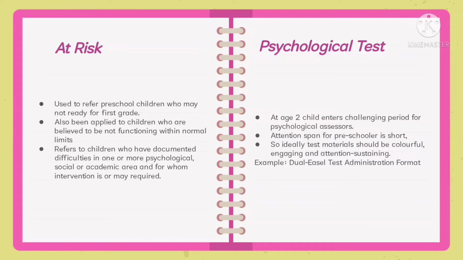Corresponding test administration instructions or notes are printed on the reverse side of the test stimulus pages for the examiner's convenience during test administration, and the format is sometimes referred to as what I said last time, the dual easel test administration format.